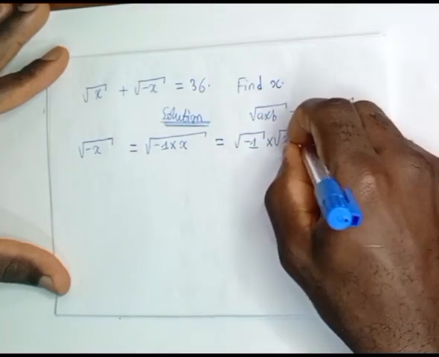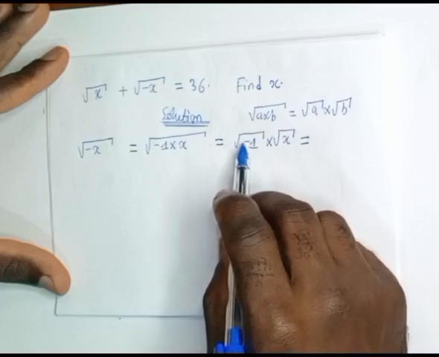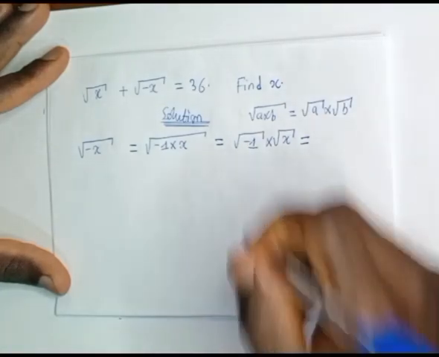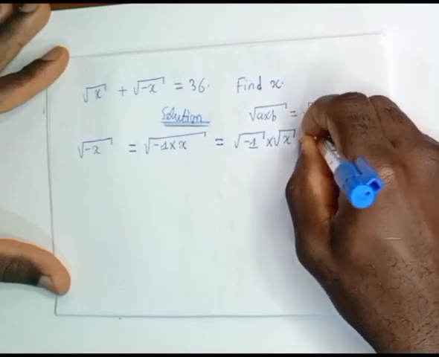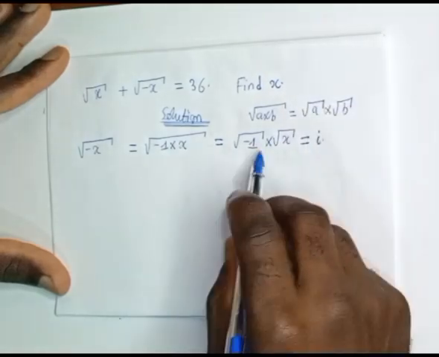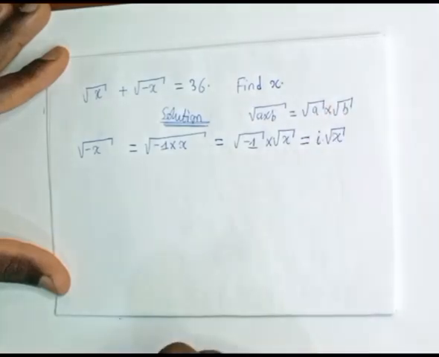And this will simply be equal to the square root of negative 1 gives us i, complex numbers, i times the square root of x. Write down root x, so it gives us i root x.